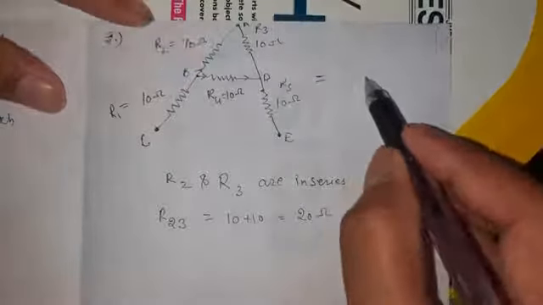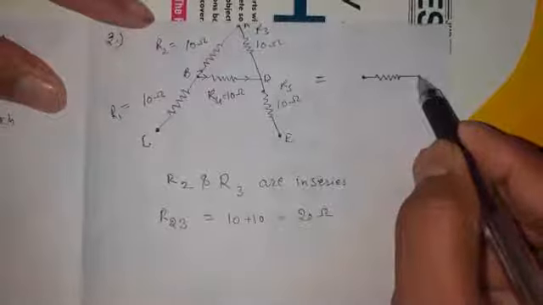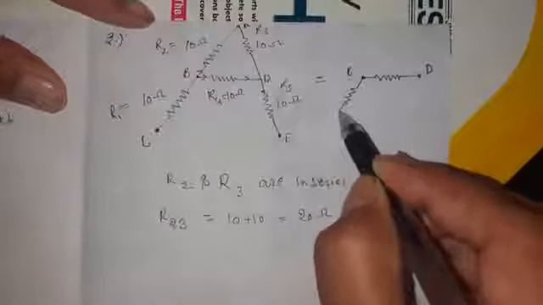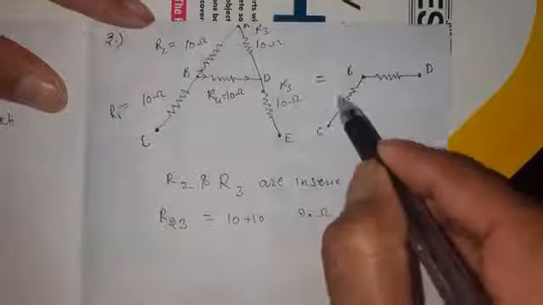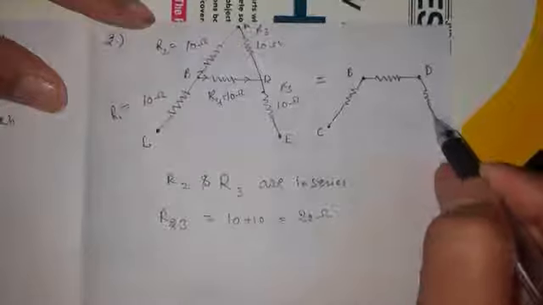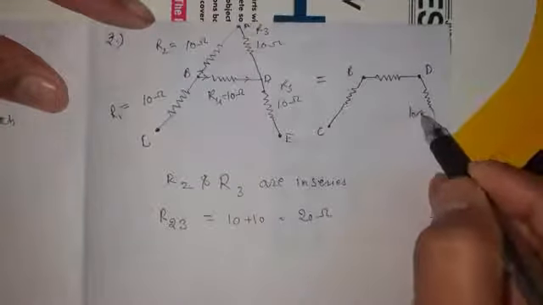Thus over here, this is the point B, here is the D point, and this is the E point, which is connected over there. So this is 10 ohm, this is 10 ohm.